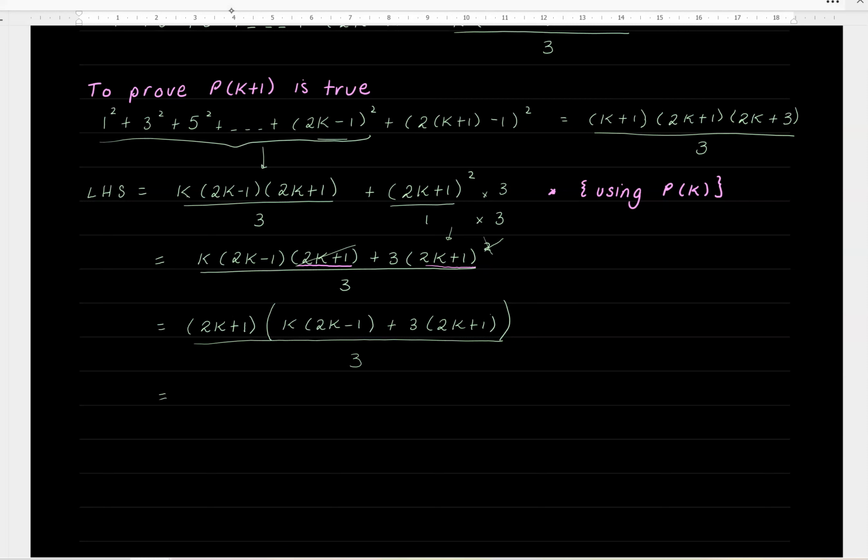If I don't, well, then I've got to start looking for an error somewhere. Right, so let's expand that bracket. 2K squared, take K plus 6K plus 3. If you think about the maths, expanding brackets, that's pretty straightforward, but you need to concentrate. So 2K squared plus 5K plus 3.